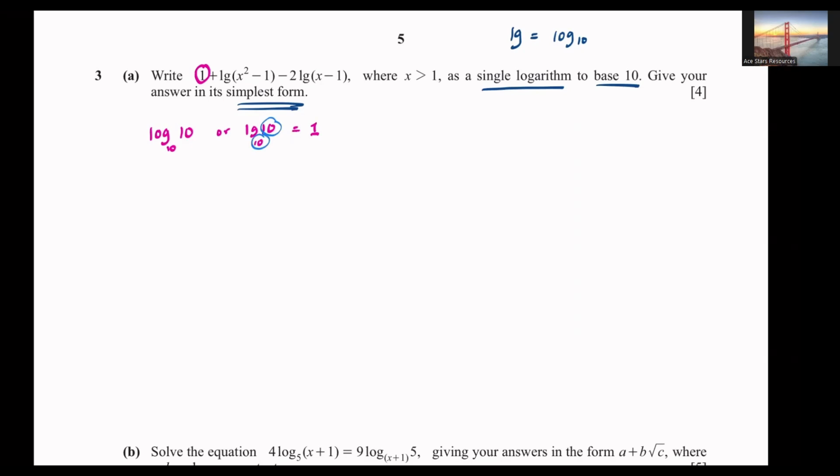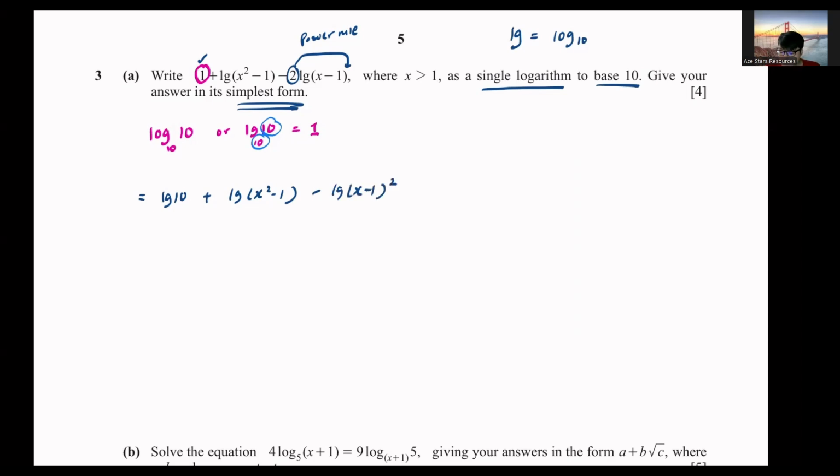Now convert 1 into lg 10, plus lg(x squared minus 1), minus, okay, in these situations you have to move the 2, use the power rule. By the power rule you can move the coefficient freely back into the power, so lg (x minus 1) squared.